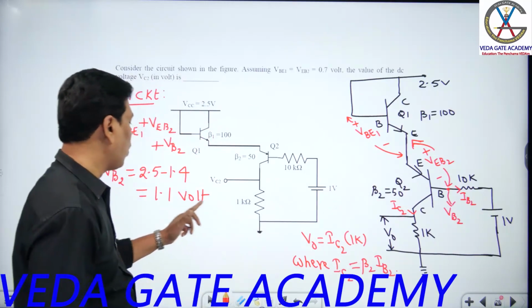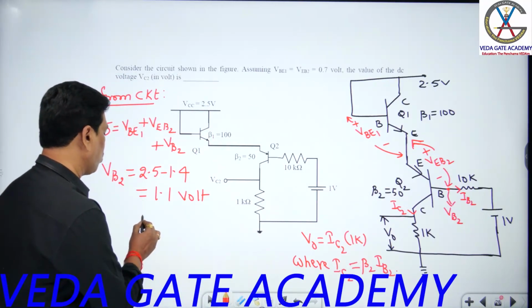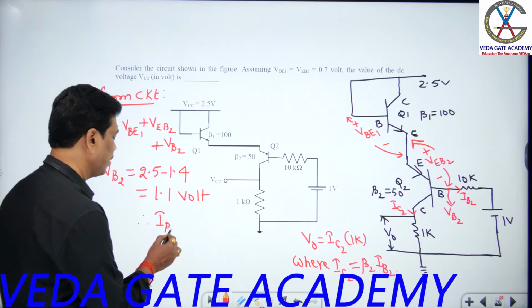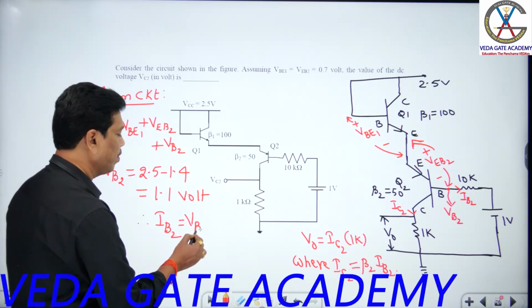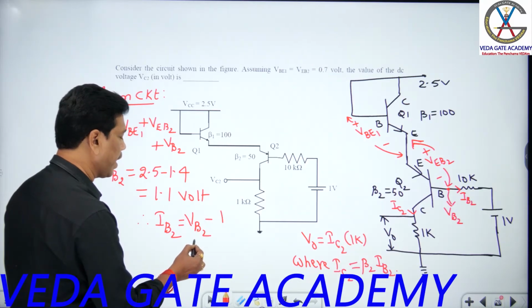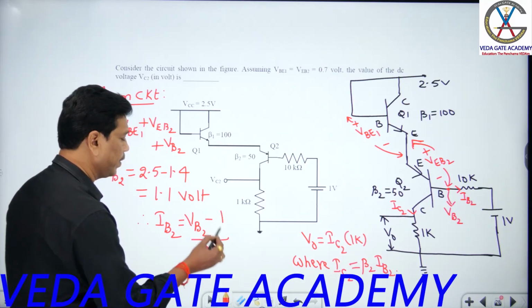VB2 equals how much? 1.1 volt. Therefore, now I can go for IB2. IB2 equals VB2 minus 1 by 10K, students.